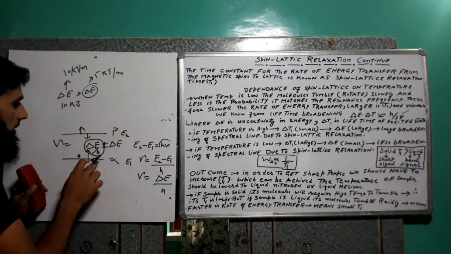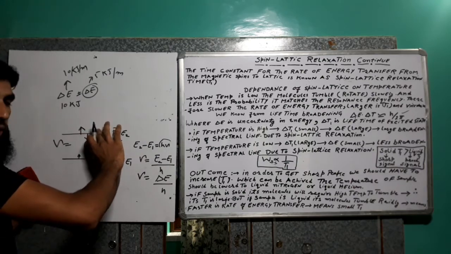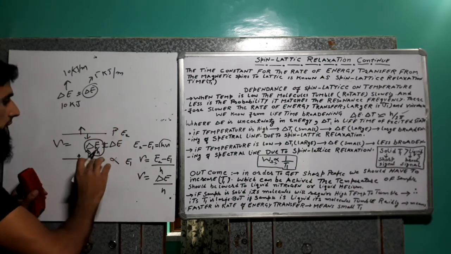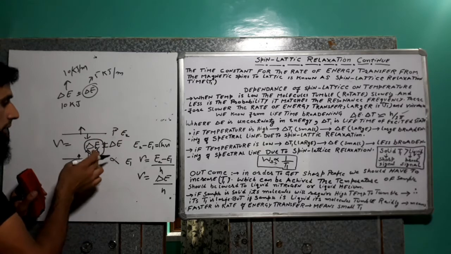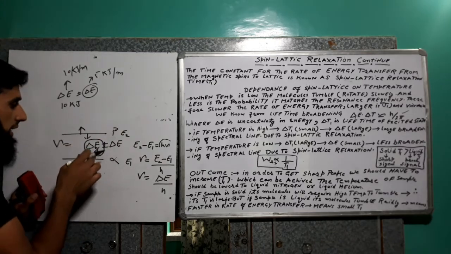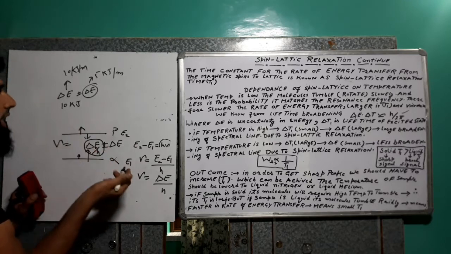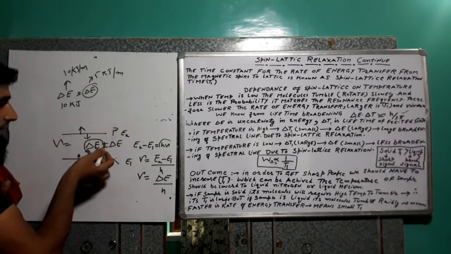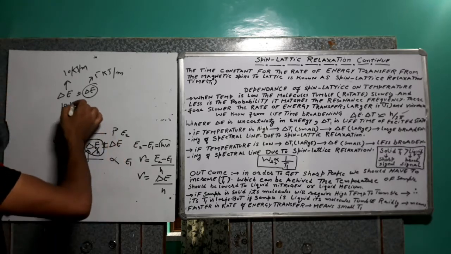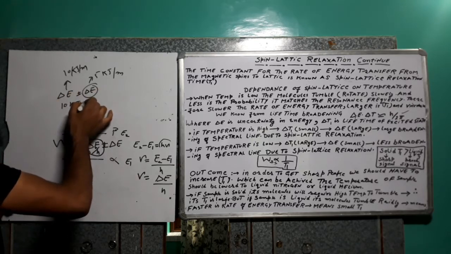the difference between the two energy states we cannot calculate as exactly equal to delta E divided by h. As per the Heisenberg, there is some uncertainty of delta E. For example, if delta E is 10 kilojoules, this uncertainty is plus minus 5.